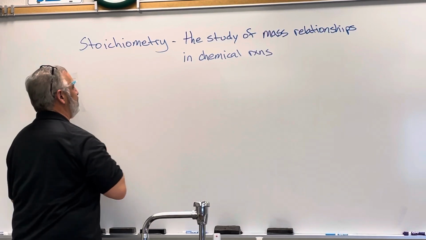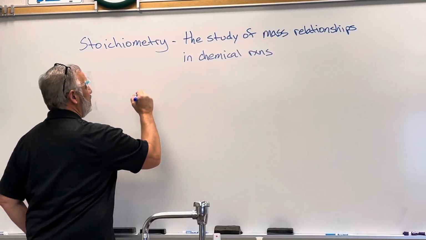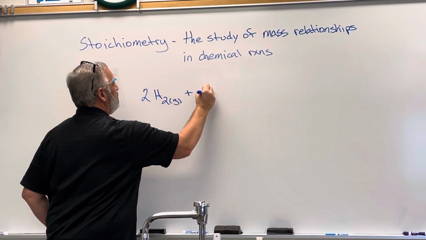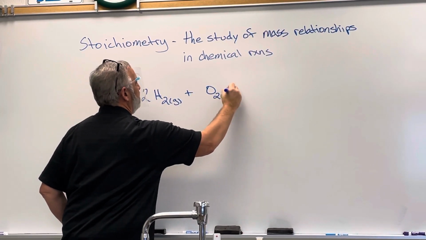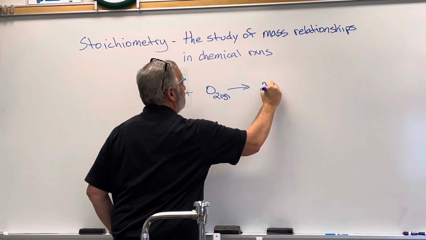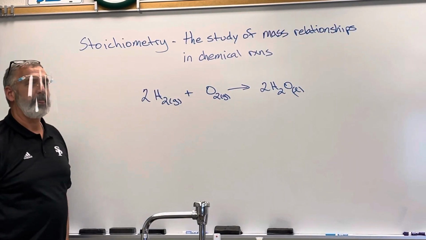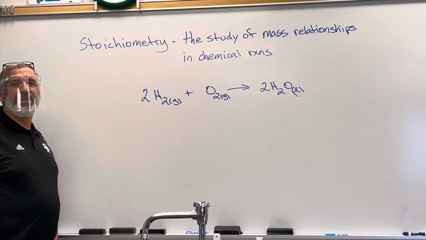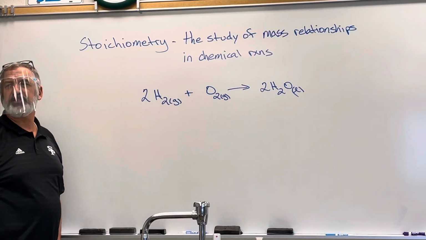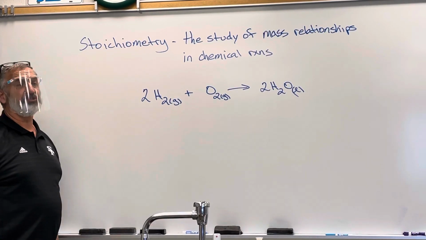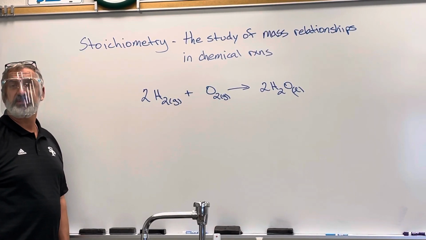So if I look at just the simplest reaction, 2 hydrogen gas plus oxygen gas goes to 2 waters. Okay? What is this telling me when I have this equation? In terms of molecules, let's just say that, the number needed.